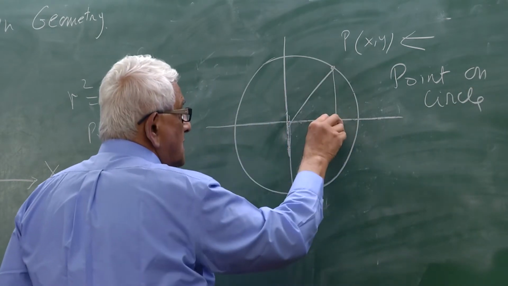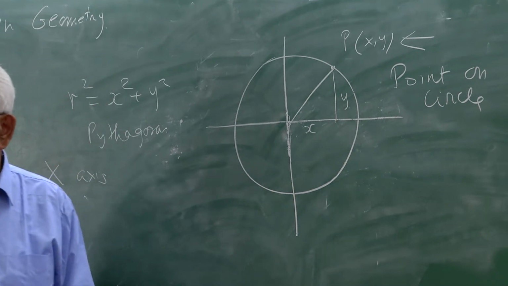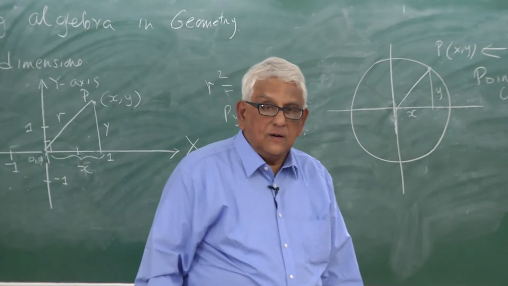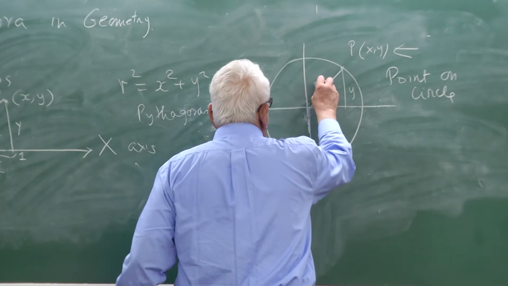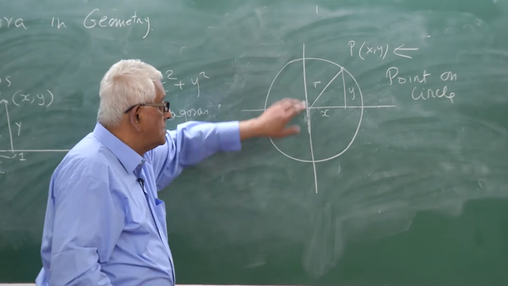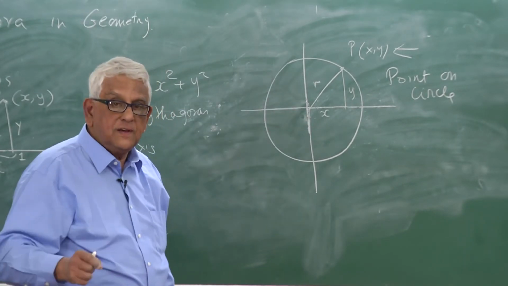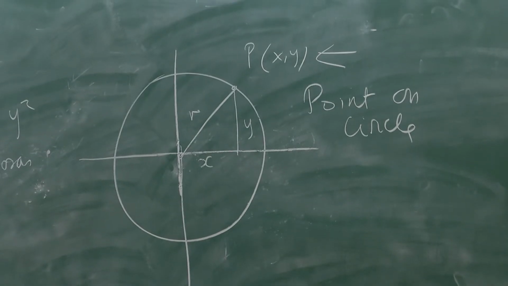So this means this is x, this is y, right? So now we can immediately say this is r. So we have a point, but now we have to say that this point is always on the circle. How do I do that?